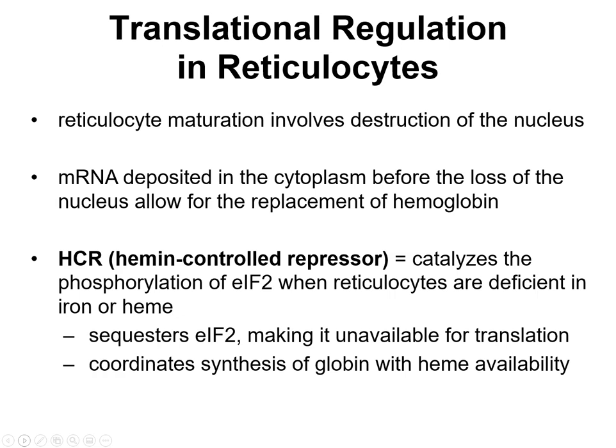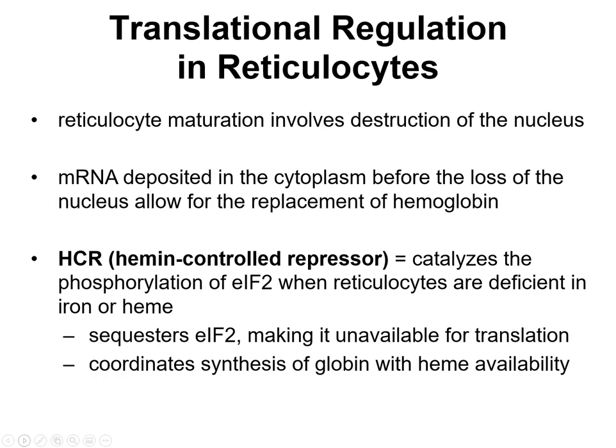The human-controlled repressor, HCR, catalyzes the phosphorylation of EIF2 when reticulocytes are deficient in iron or heme. What's the point of having all of your translation factors available when you don't need them?